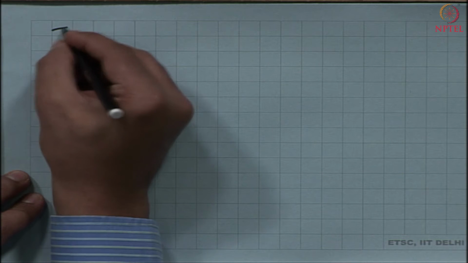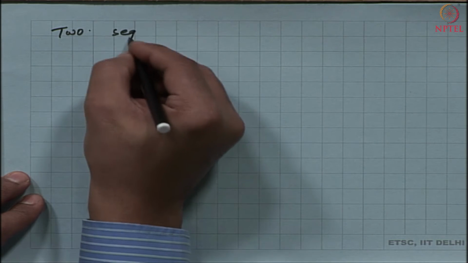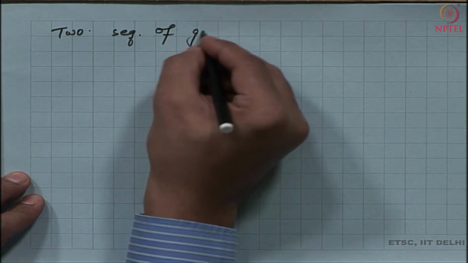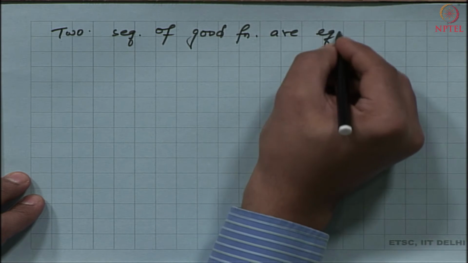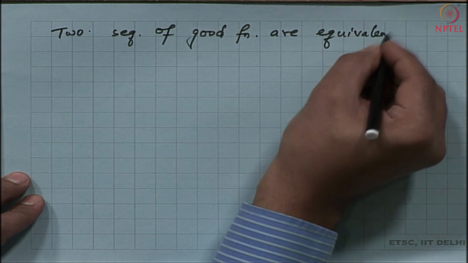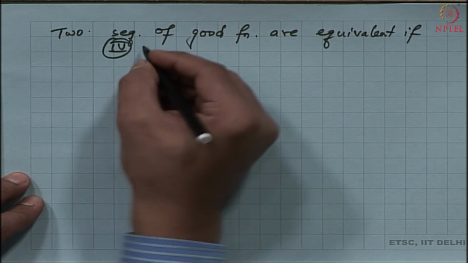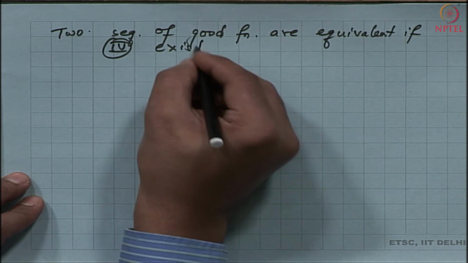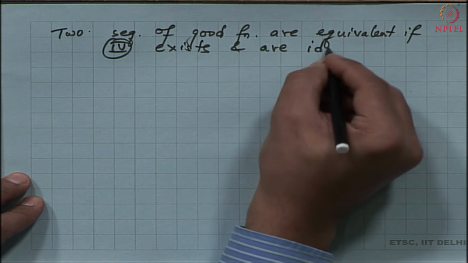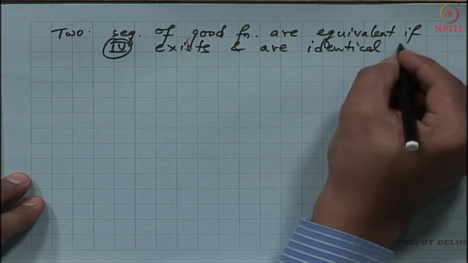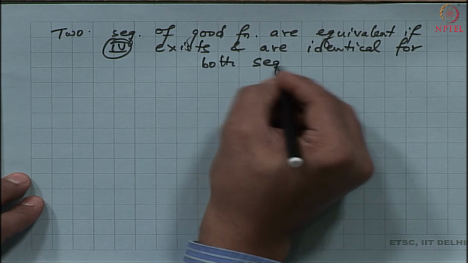So, two sequences of good functions are equivalent if expression 4 exists and they are identical for both sequences.